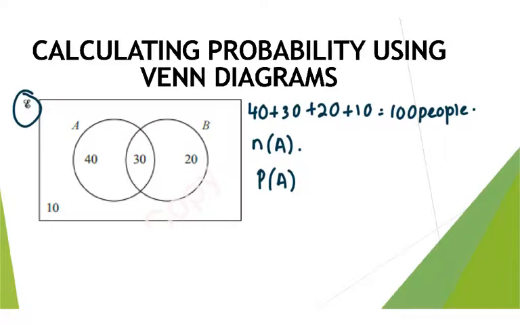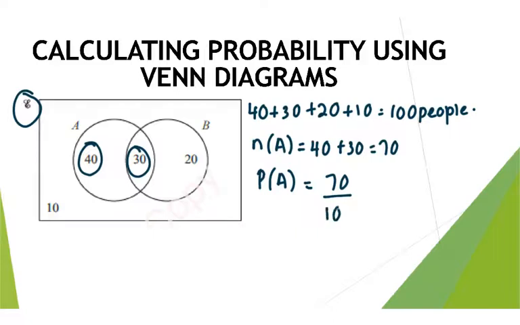The number of elements in set A will be 40 and 30, you get 70. In probability form, the probability of set A is 70 over the total sample space 100, and you can simplify it to 7 out of 10.